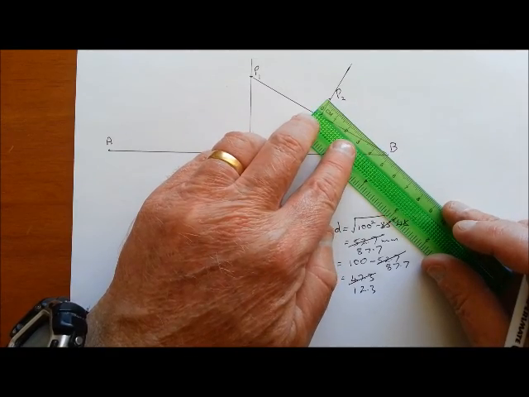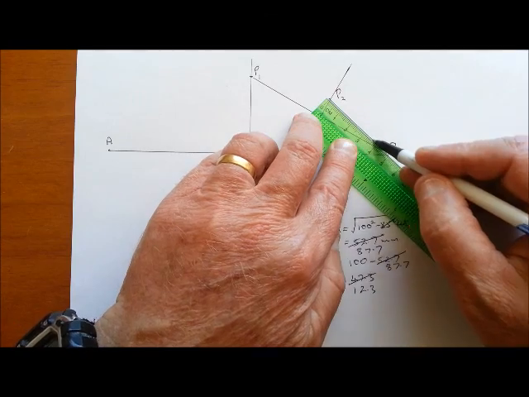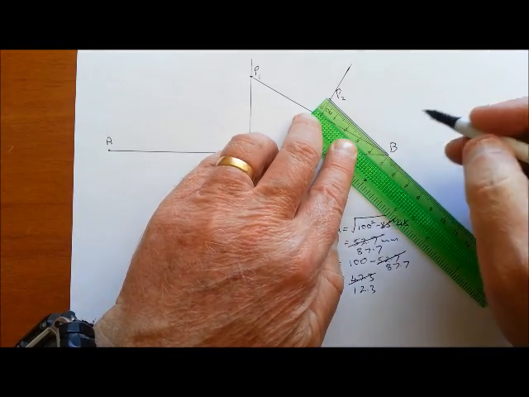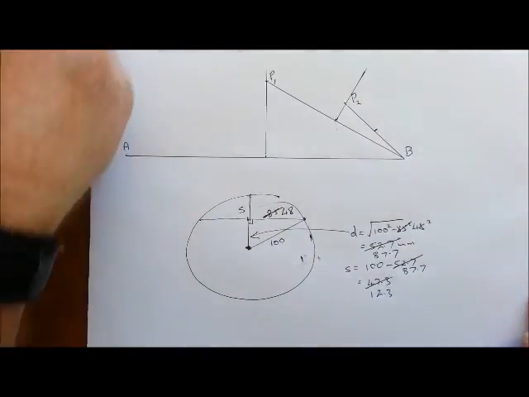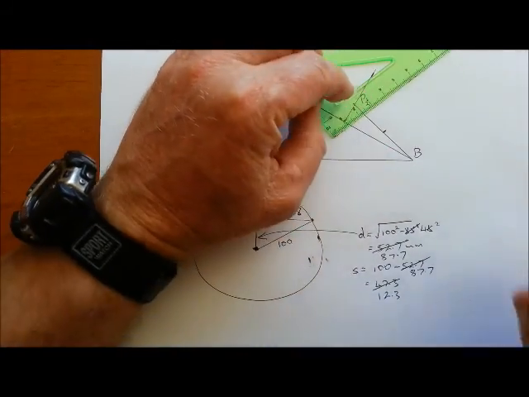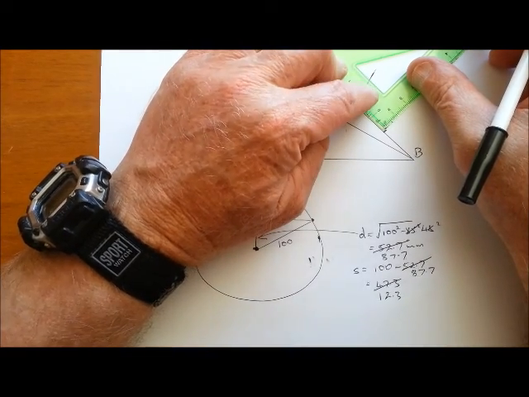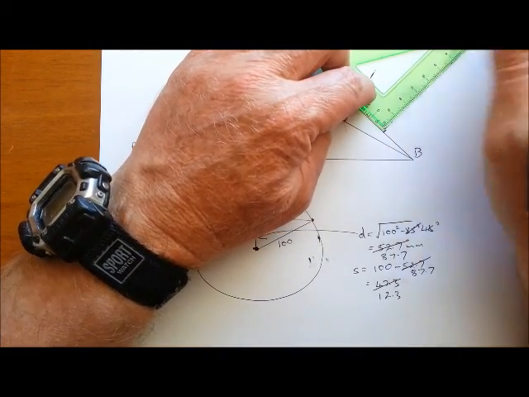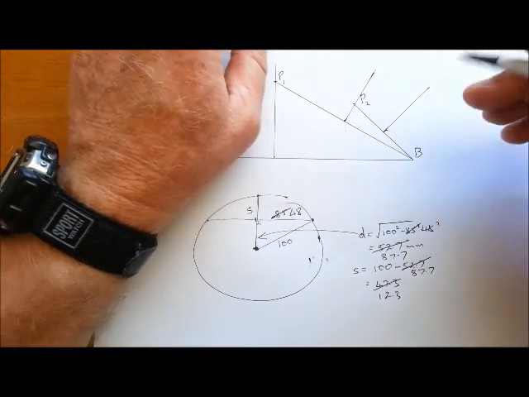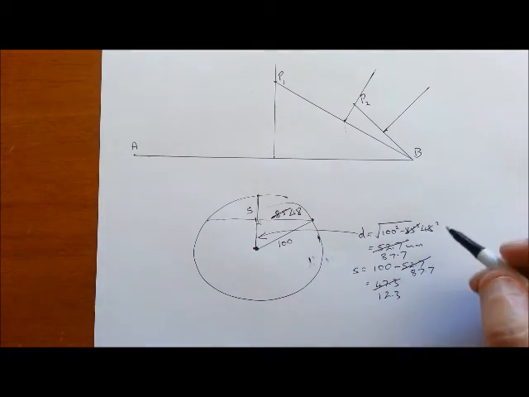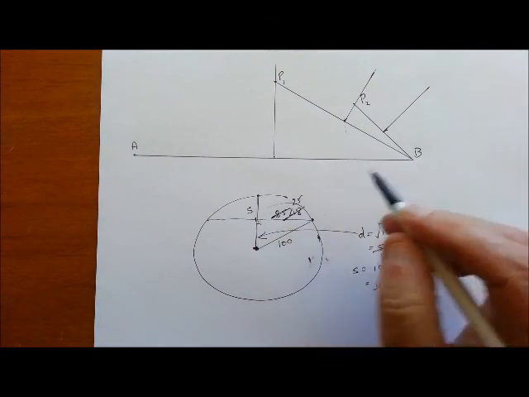We go from P2 to B, draw that chord, it's 50 millimetres, halfway is 25. Construct the perpendicular. What this is, it's the perpendicular bisector of that chord. Work it out. That's now 25.